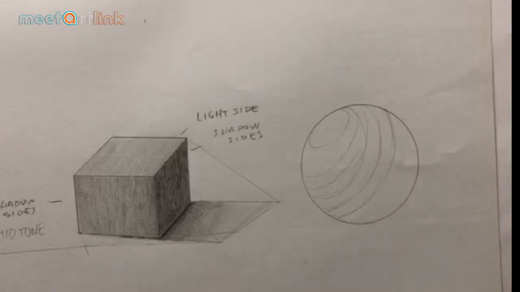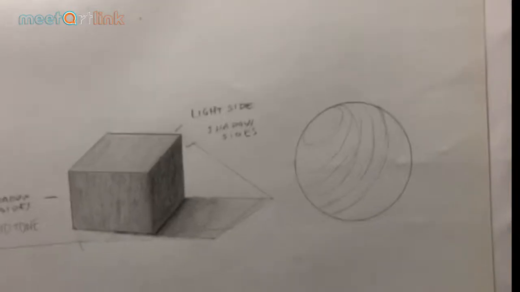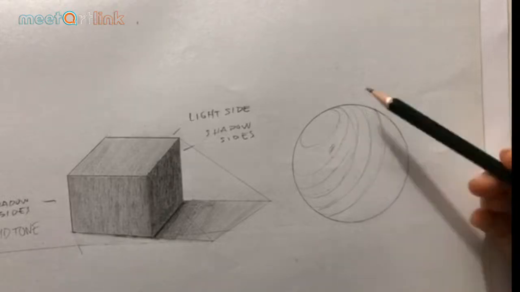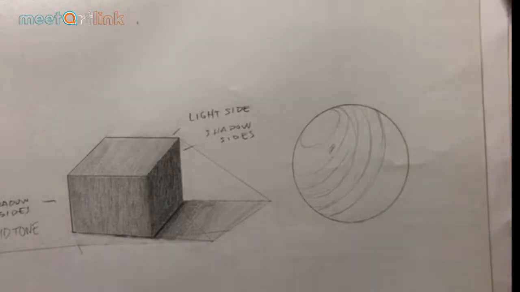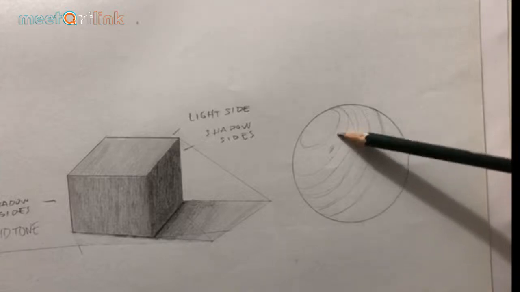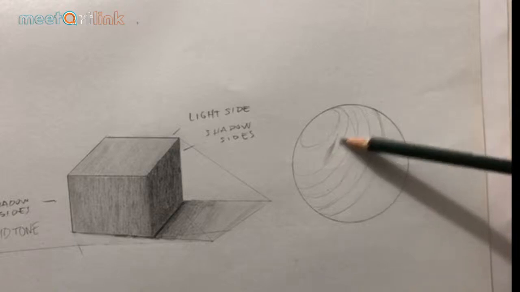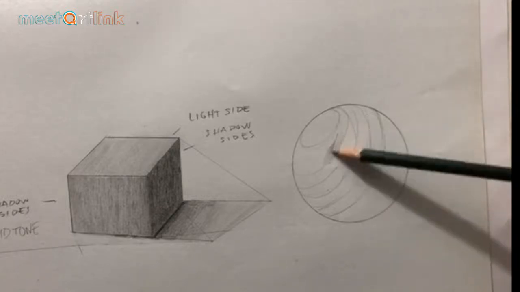So we're gonna start with our lightest parts. I was using a 2H for that, and then we're going from there. And I want to be careful with my lightest tones here.